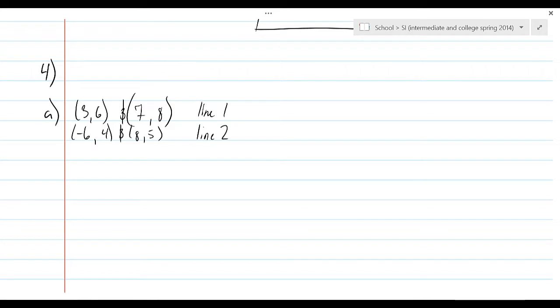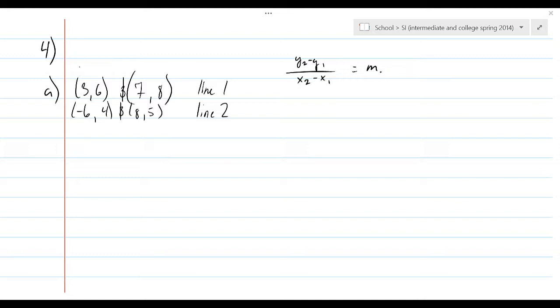When it comes to parallel, perpendicular, or neither lines, the only important thing is slope. So we're going to try and find the first line's slope. First thing we need is the formula for slope, which is y2 minus y1 over x2 minus x1. That's slope. So I'm going to say x1, y1, x2, y2.